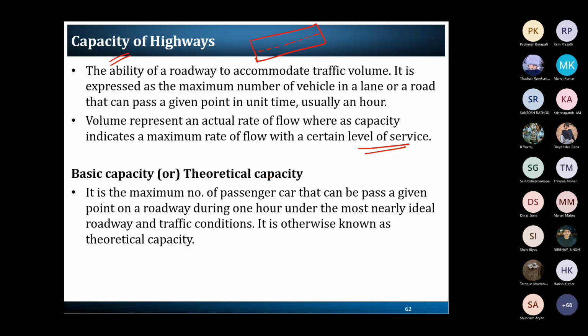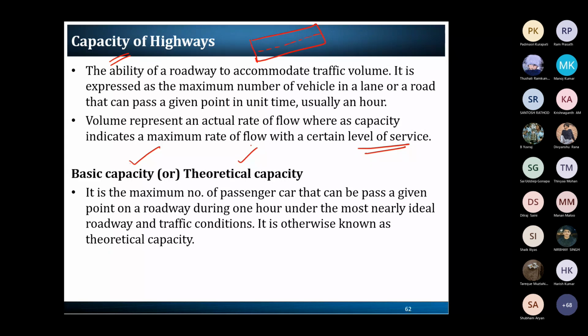The basic capacity is nothing but the maximum number of passenger cars that can drive in that particular corridor for a 1 hour duration, where the traffic and roadway conditions are considered ideal. In ideal conditions, the maximum number of passenger cars which can pass that road stretch in 1 hour is defined as the basic or theoretical capacity.